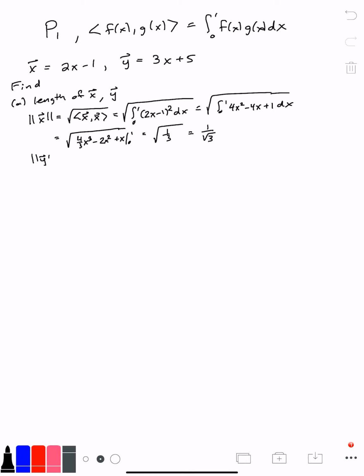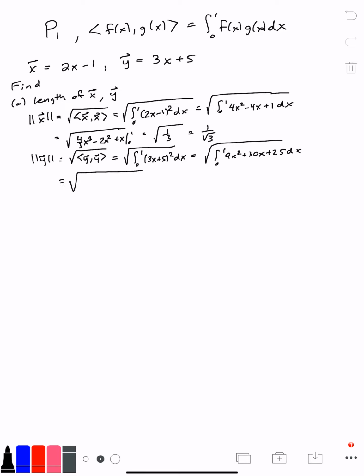The length of y is the square root of y inner product y. Again, we do this fun little integral here, (3x plus 5) squared dx. That's the integral of 9x squared plus 30x plus 25.